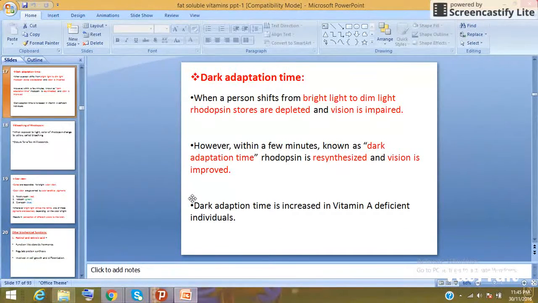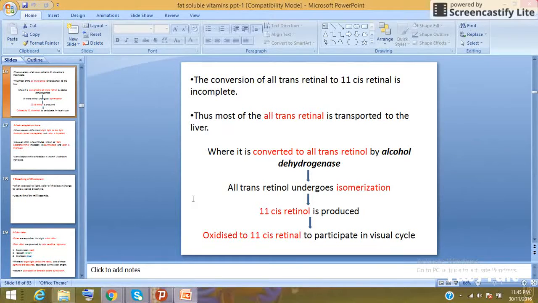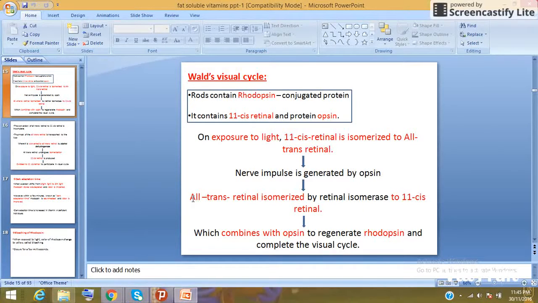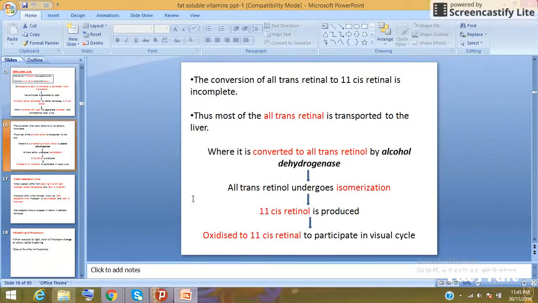As it is a cycle, again it will be converted and again it will get isomerized. The same procedure is repeated whenever there is a requirement of rhodopsin, which is stored in the liver and released whenever the body requires it.